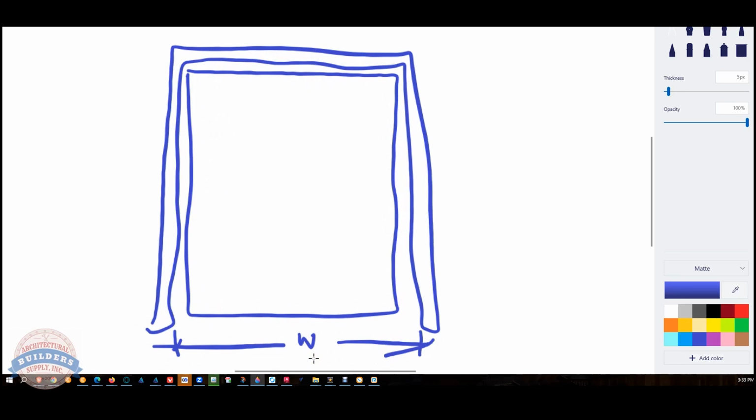Actually, it's your nominal width, or according to DHI, your design width. There's then going to be the actual width of the door. And the design clearance that they're talking about refers to what's happening here, here, here, to the bottom of the jamb, and here. That's what they're talking about.